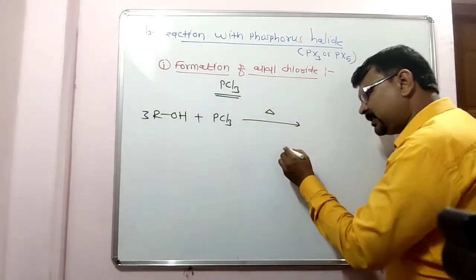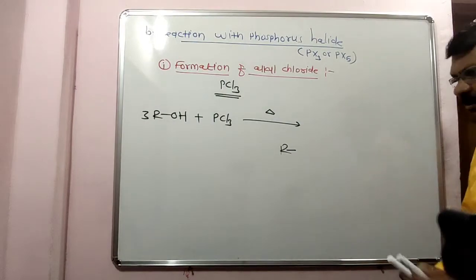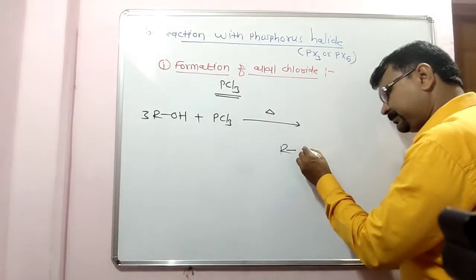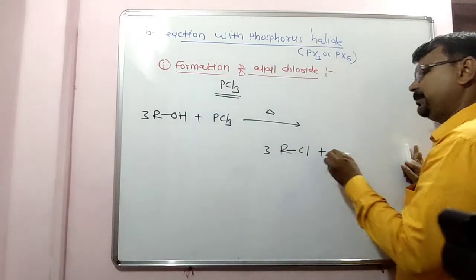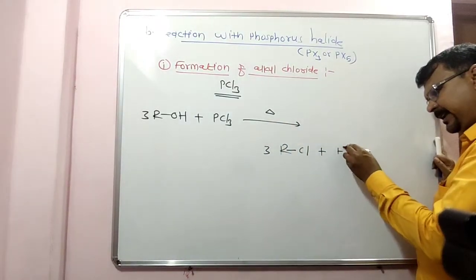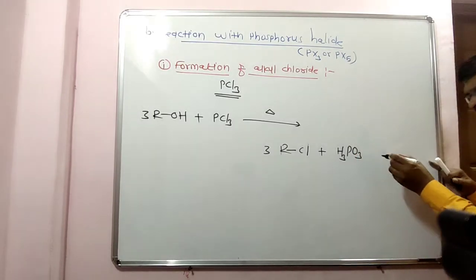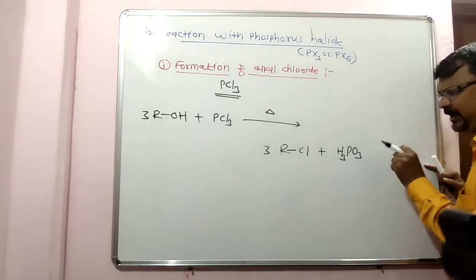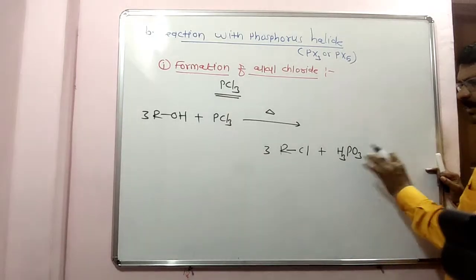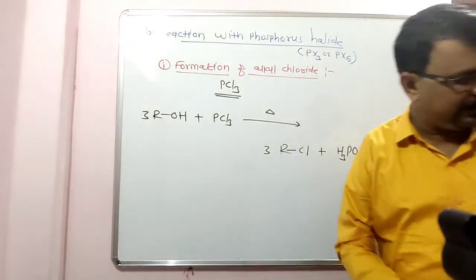Look here, the products: 3 RCl plus H3PO3, that is phosphorous acid.